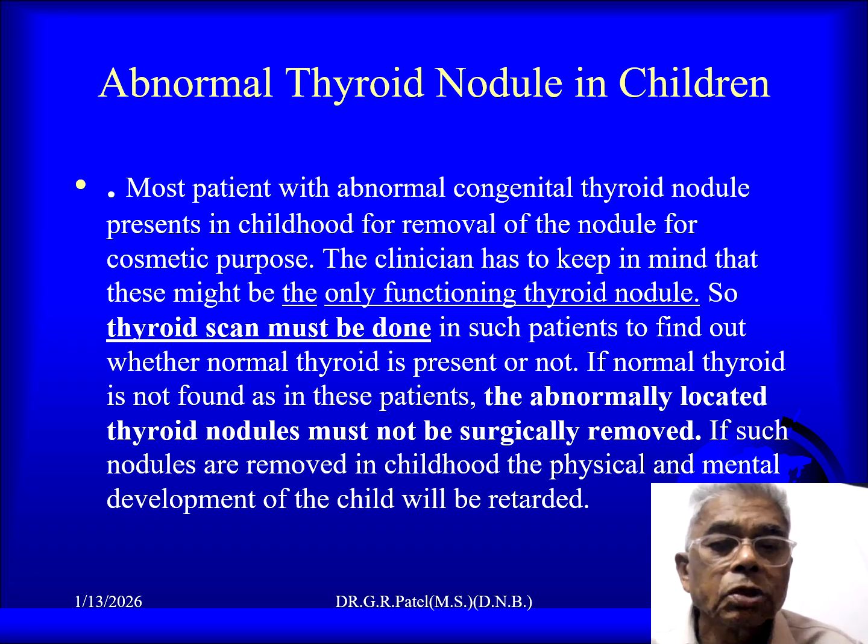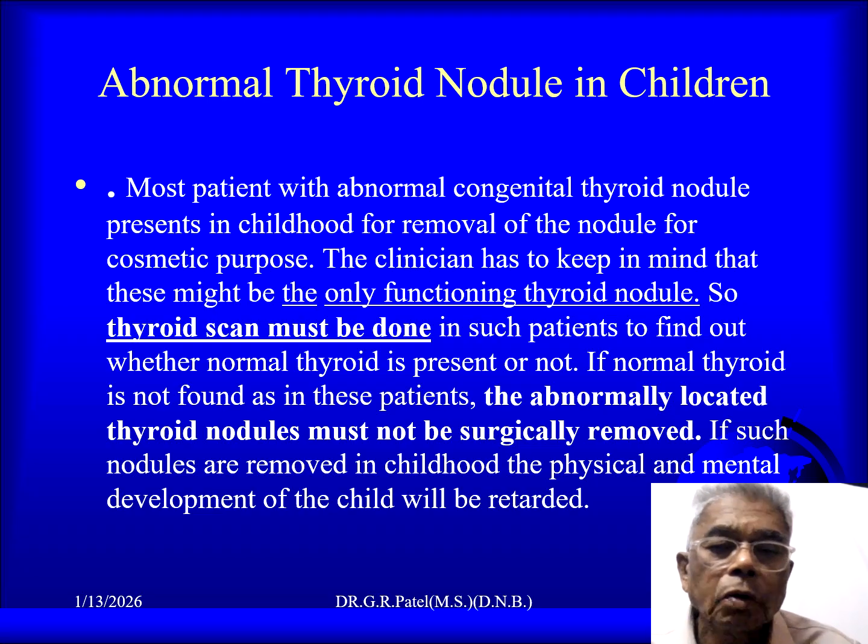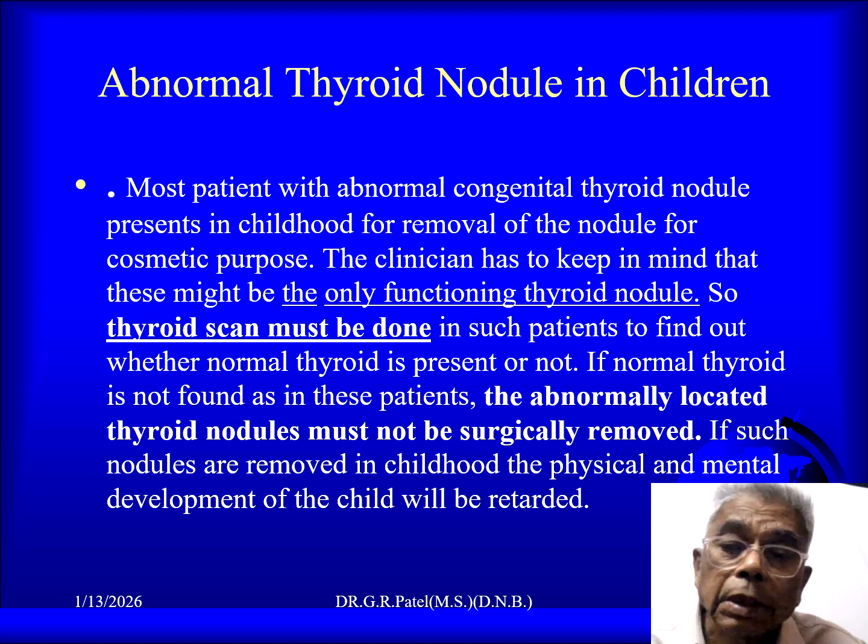So, thyroid scan must be done in such patients to find out whether normal thyroid is present or not. If normal thyroid is not found, as in this patient, the abnormally located thyroid nodules must not be surgically removed. If such nodules are removed in childhood, the physical and mental development of the child will be retarded.